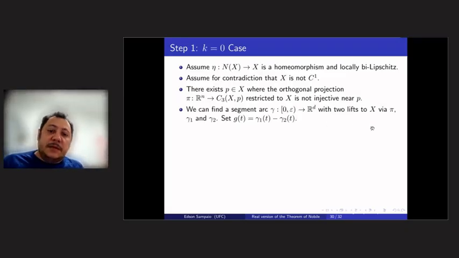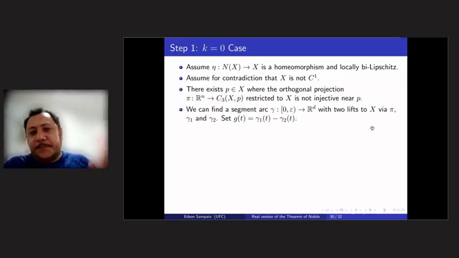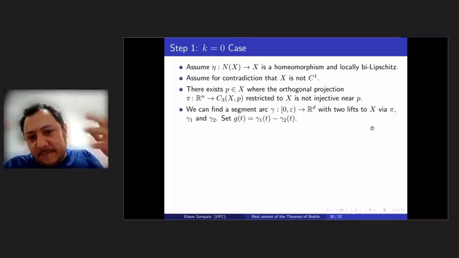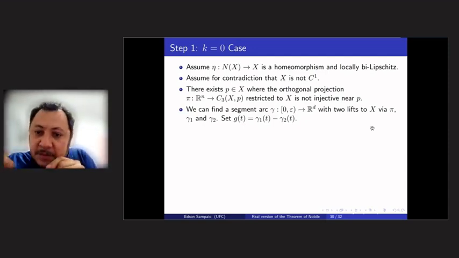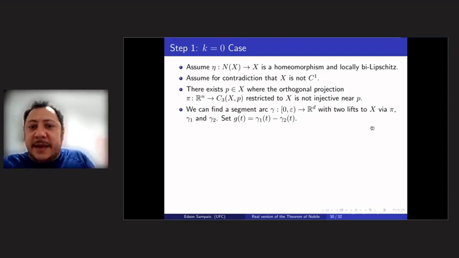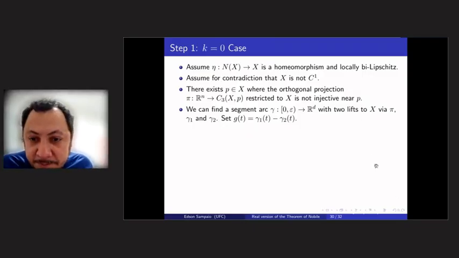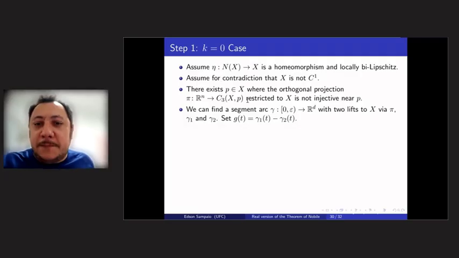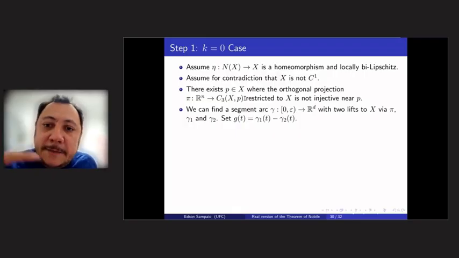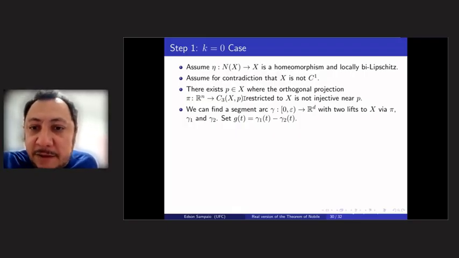Because of that, it's not an easy task, but you can find some gamma in R^d. I'm considering here R^d, in fact, as the tangent cone of x at P. I'm assuming here P is equal to 0, just translating to the origin. And since the tangent cone is a linear subspace of dimension d, I'm just identifying it with R^d.